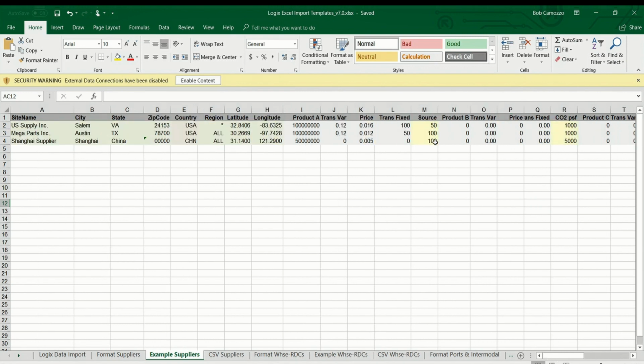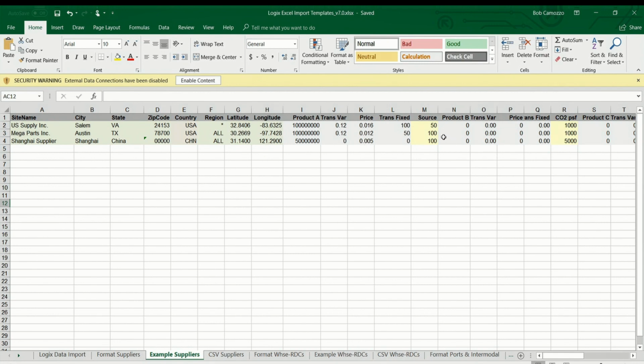Source percentage, represented in this column, is a very important feature of Logix. In Logix, you do not need to specify the quantity of supply. There are two ways that Logix will supply this automatically for you. Logix will calculate the inbound quantities as, in this case, 50% of the outbound quantity.